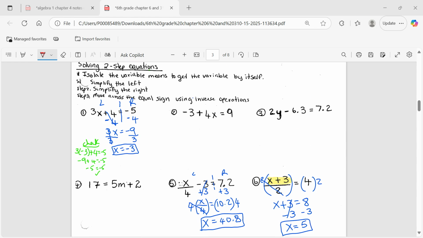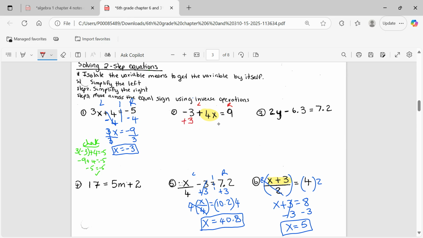All right, so now that you have worked on it, let's go ahead and try number 2. Your x is over here on the left side, and you want to get it by itself, but it's hanging out with the negative 3. Because this one's by itself, this is attached at 4x. I'm not going to move the 4 first, but I'm going to put the 3, which is like terms with the 9.